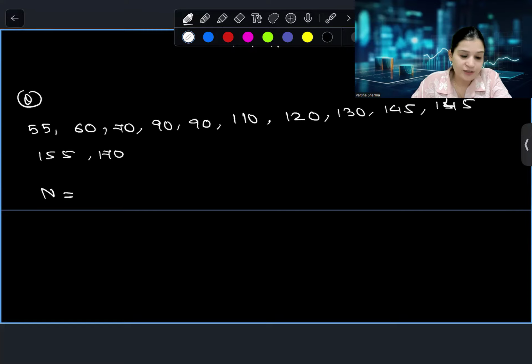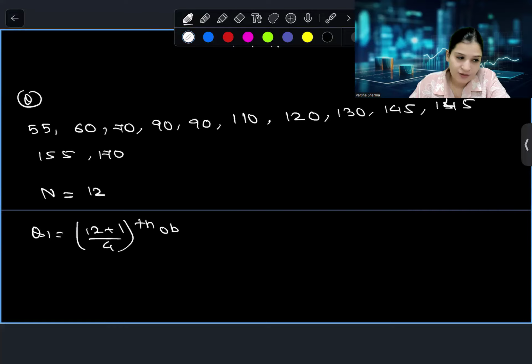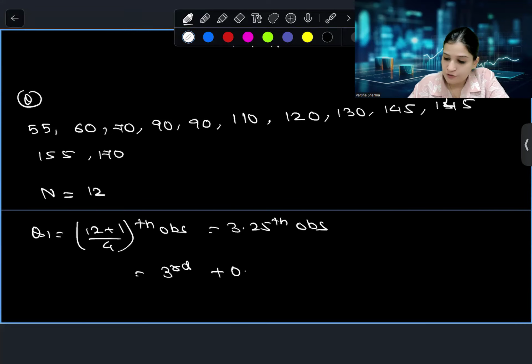Number of observations here is 12. So Q1 will be (12 plus 1) by 4th observation, 3.25th observation. So this will be third observation plus 0.25 into (fourth minus third).